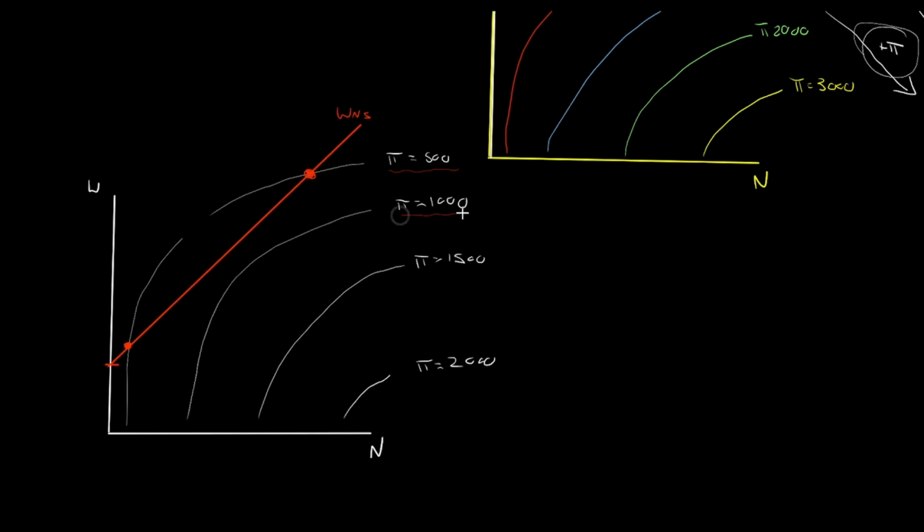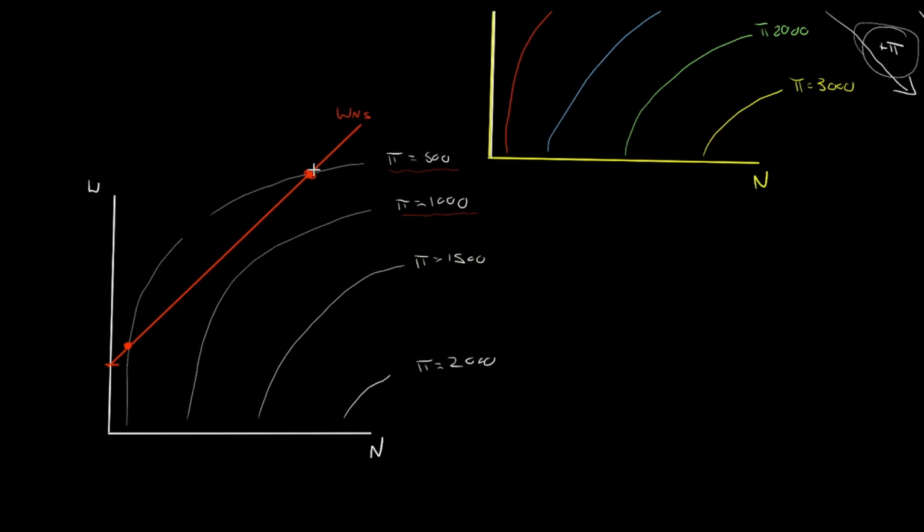Looking at the next one, profit curve of 1,000, you're like, oh, we can't get there. It's beyond our feasibility set. True. What I want you to keep in mind, though, is although we've only drawn profit of 500 and profit of 1,000, there's likely an infinite number of isoprofit curves in between these two.